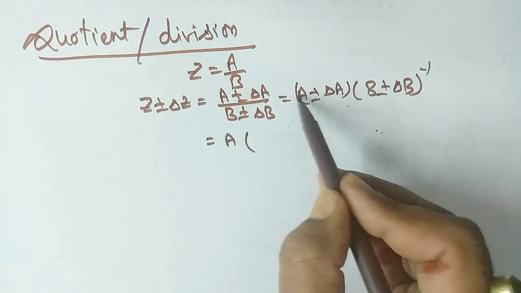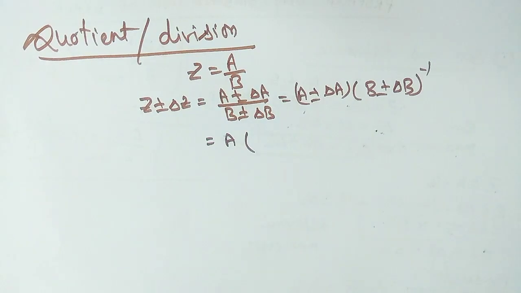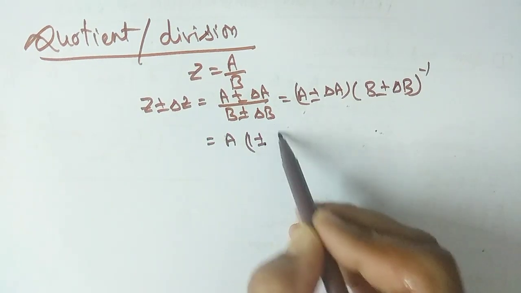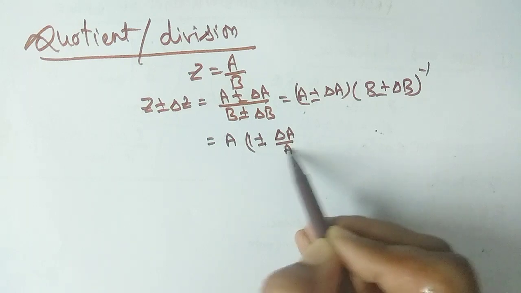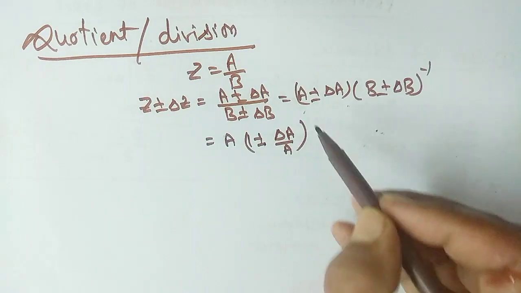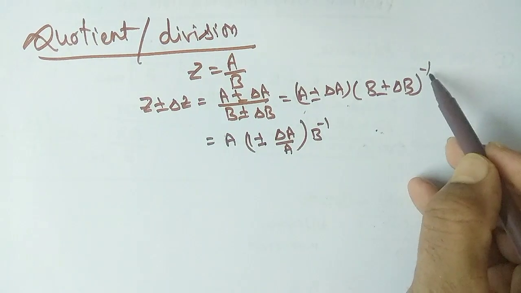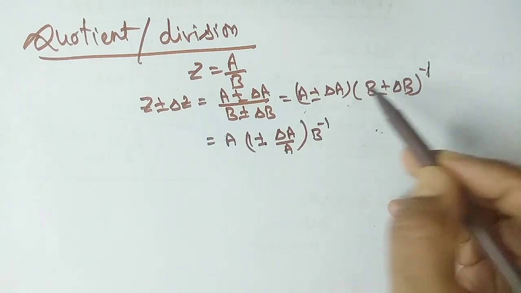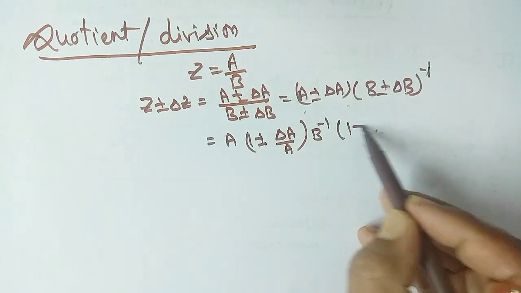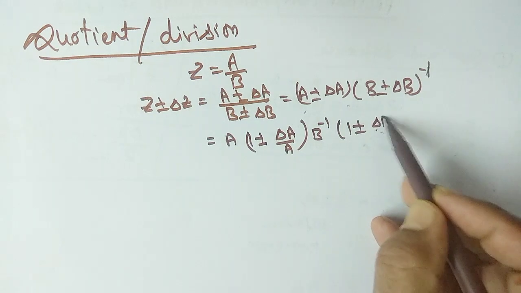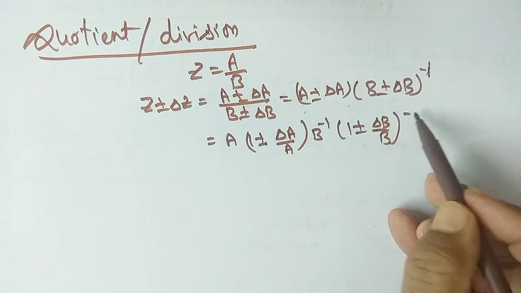If you take A common, it is 1 plus minus delta A upon A. See carefully, step by step. And if you take B to the power minus 1 common outside, then it will become 1 plus minus delta B upon B, power minus 1.